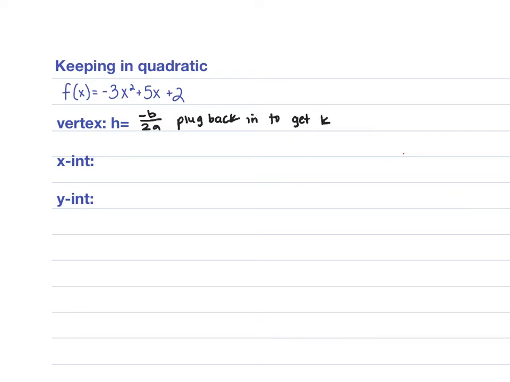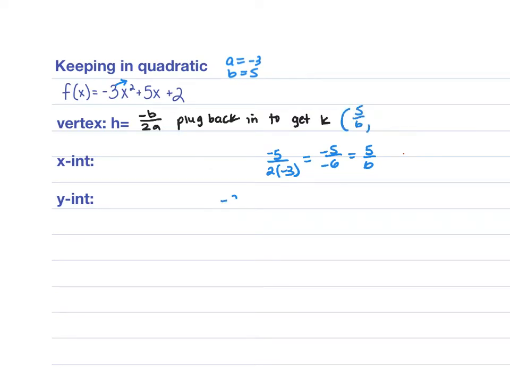So if I did that on this example, a is -3, b is +5. So -5 over 2 times -3 would be -5 over -6, or 5/6. And that's the x coordinate of my vertex.